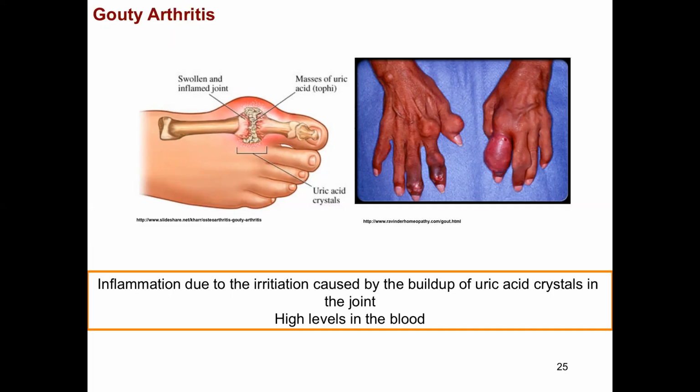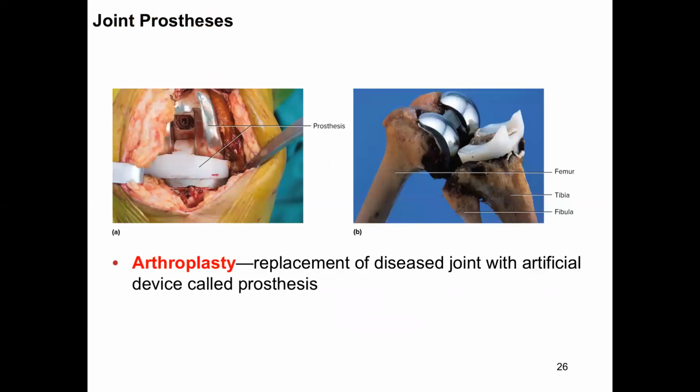Now, what is done? Arthroplasty, so basically what they do, and I know this looks really gruesome, and to be honest, this freaks me out too. I can see a lot of stuff, but this stuff, wow. But it's very common. So when they replace a hip or a knee, they're replacing it with prosthesis. So there's going to be metal and Teflon here that's going to replace the damaged bones.